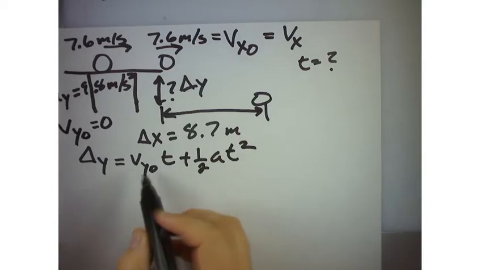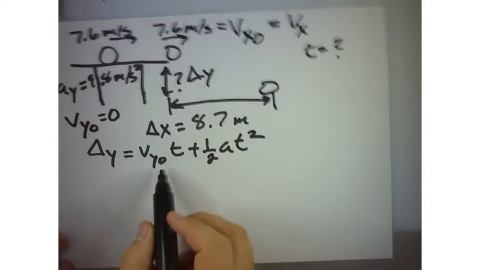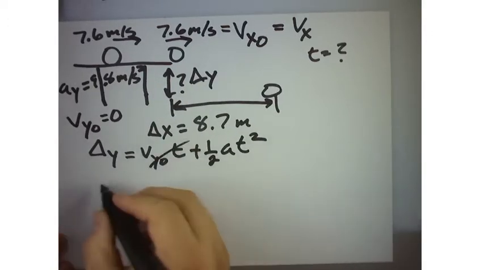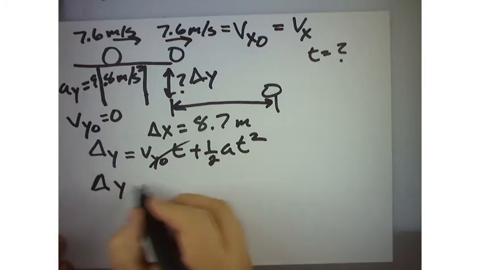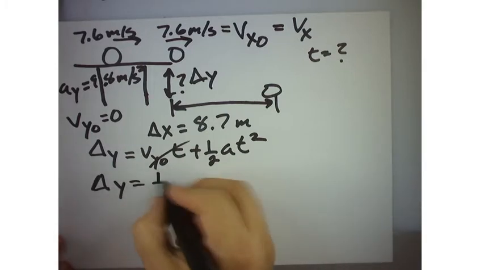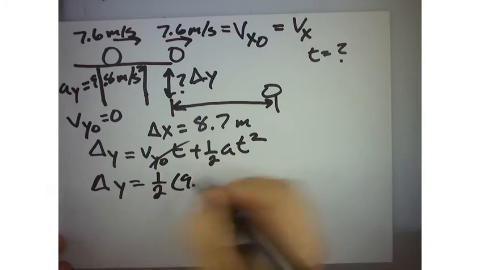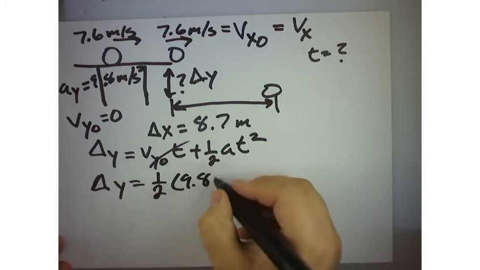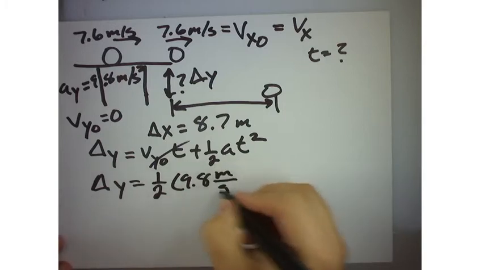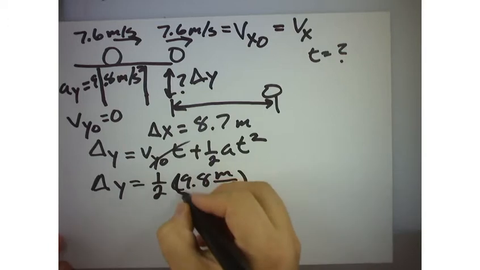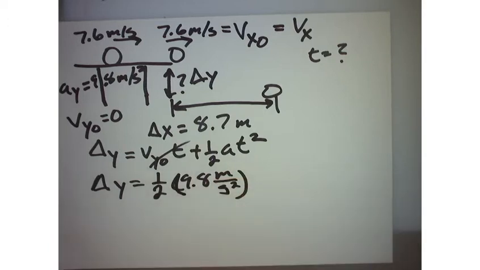So what does this whole term become? Nothing. So I can find delta y. I just need to know one thing. The time. I just need to know the time.